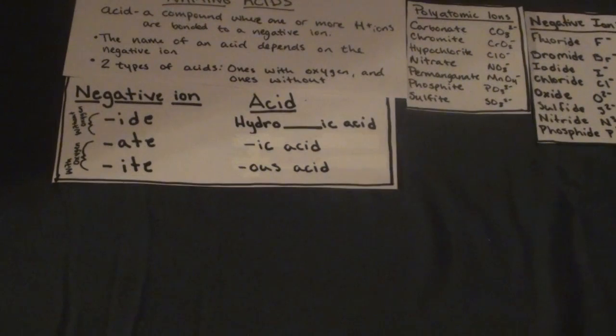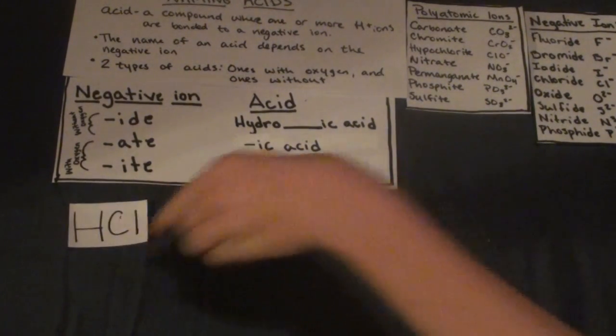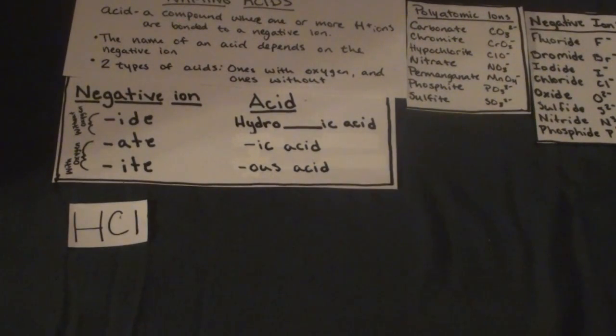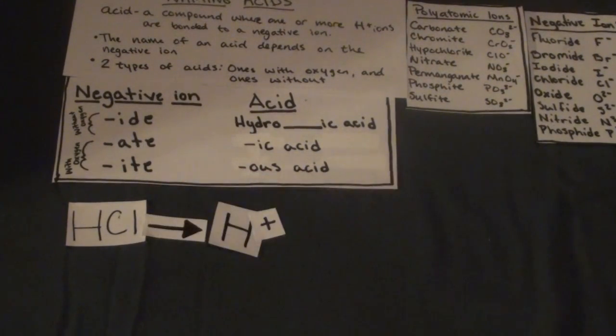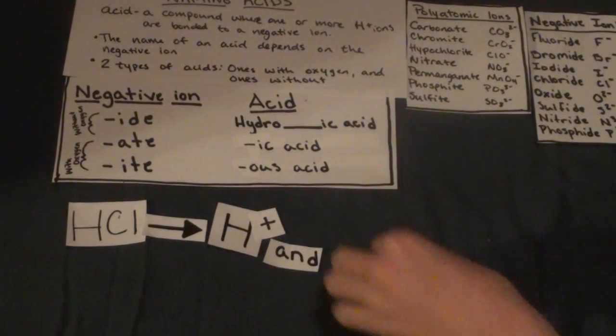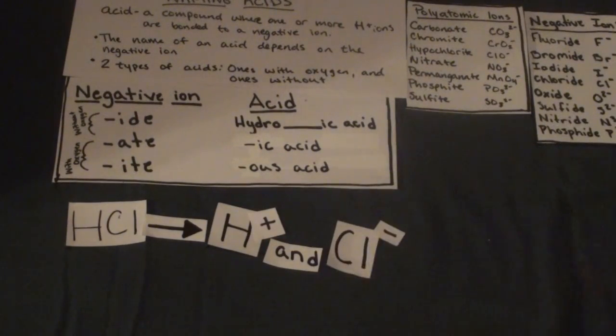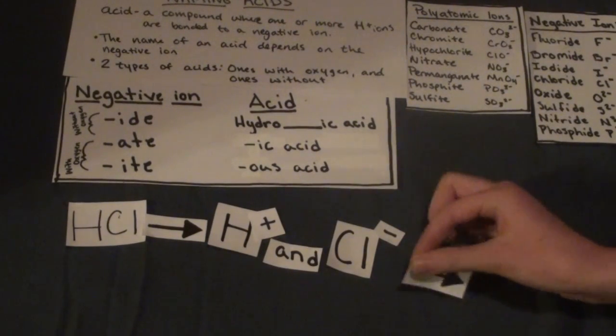Let's look at an example that has 0 oxygens. HCl. First we need to break it down into the two elements, H plus and Cl minus. Now we need to name these elements.